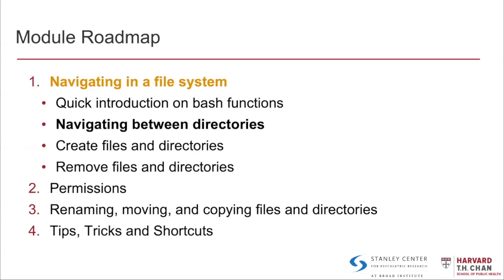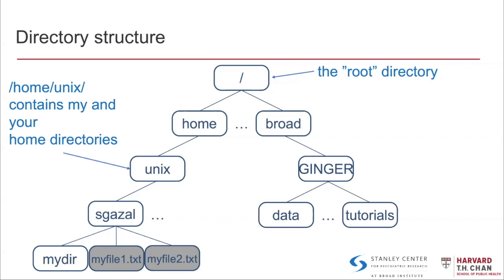Okay, now let's see how to navigate between directories using a terminal. So first, let's see the broad server directory structure. It starts here with a root directory that we're going to name /. And in this directory, you will have many directories, such as a home directory and a prod directory.